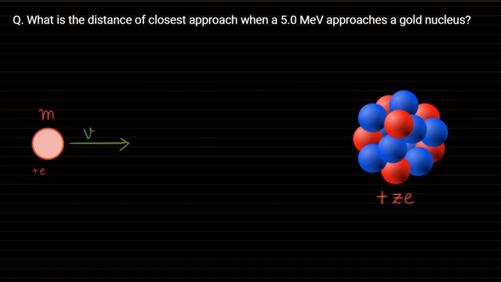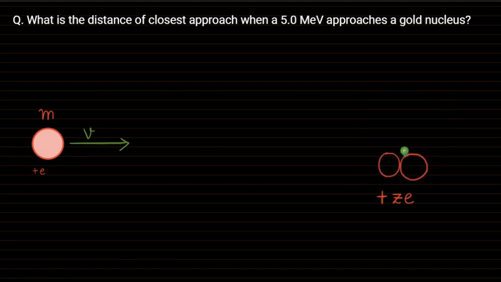Okay, if this nucleus had two protons, then what will be this Z? Z equals 2. So the total charge of the nucleus will be plus 2e. If there are three protons inside the nucleus, then what will be the charge?